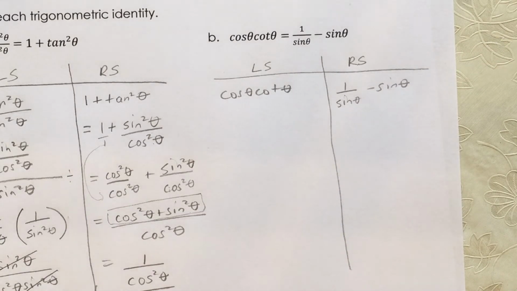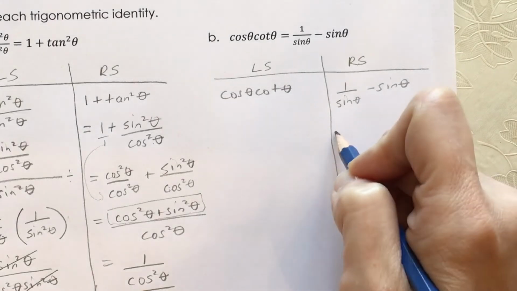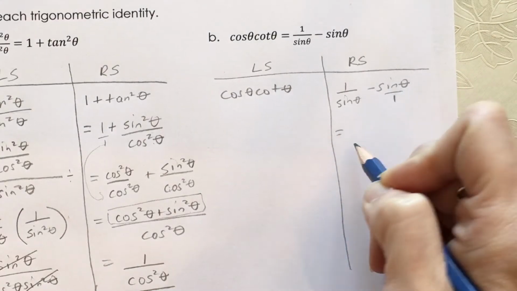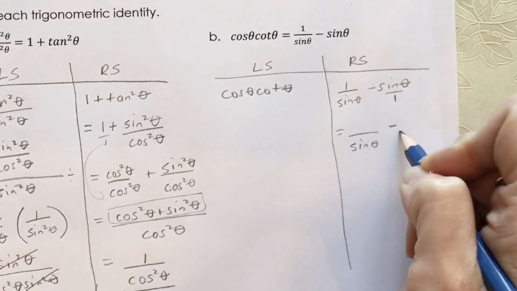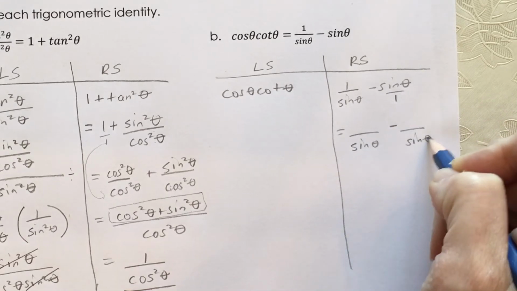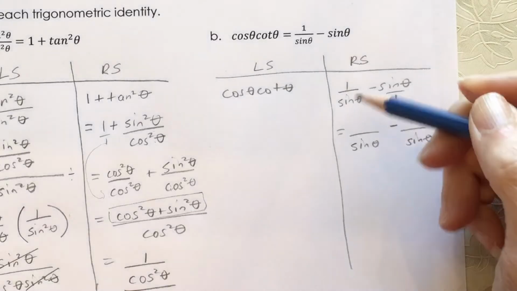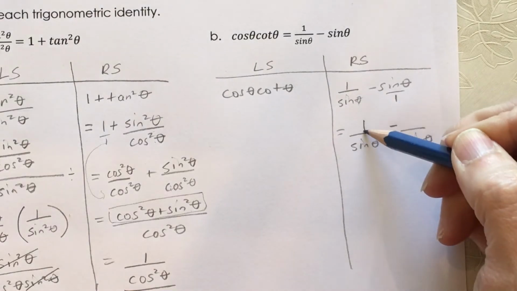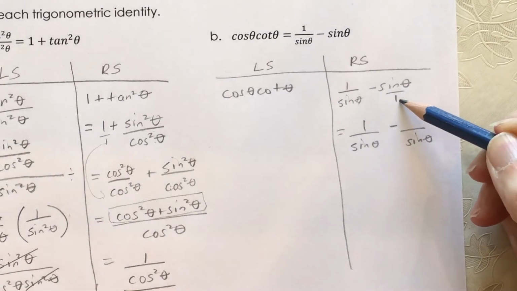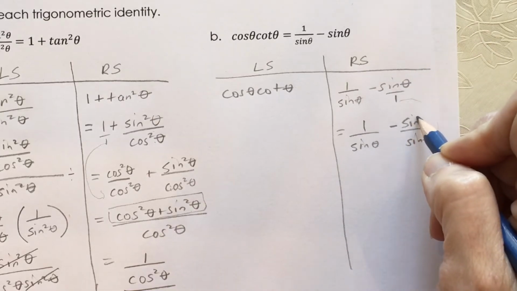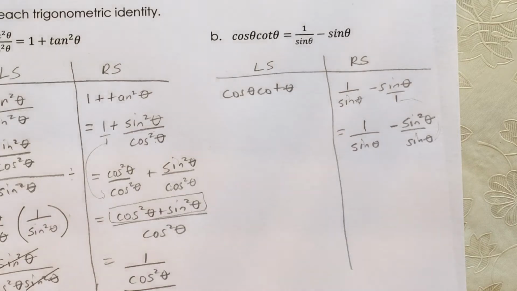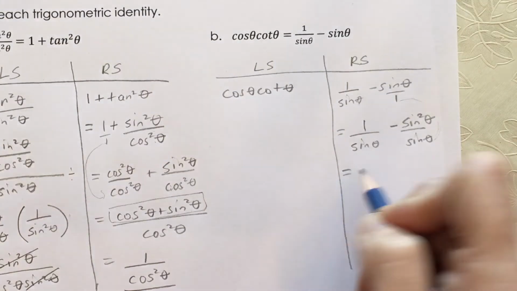So we might start with the right side because it looks like a fraction again, so we would get a common denominator of sine theta. Here the denominator already was sine theta, so the numerator stays the same. Here we had to multiply the bottom by sine theta, so we multiply the top by sine theta, so we get sine theta times sine theta, which is sine squared theta.